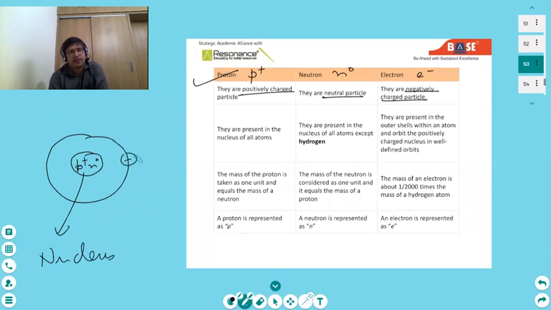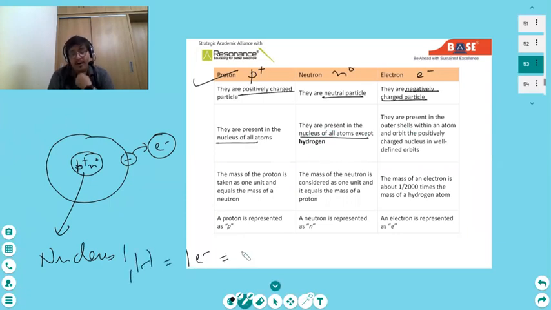Whereas electrons keep on revolving here in their particular orbit, in their particular shell. Protons are present in the nucleus of all atoms, and neutrons are present in the nucleus of all atoms except hydrogen. Hydrogen is 1 and 1, so it has 1 electron and 1 proton. So 1 minus 1, it has 0 neutrons. Neutron is not there.